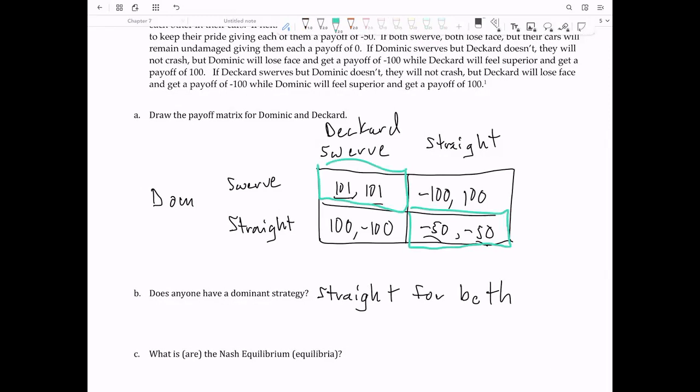Especially if we're trying to think about this as a prediction. If we change it to have different payoffs, you can get two equilibria. How are we going to know what's going to happen? So in this scenario, something that I just want to introduce to you guys, but we don't really need to get in depth on, is what if Dom and Deckard just do this every single movie?